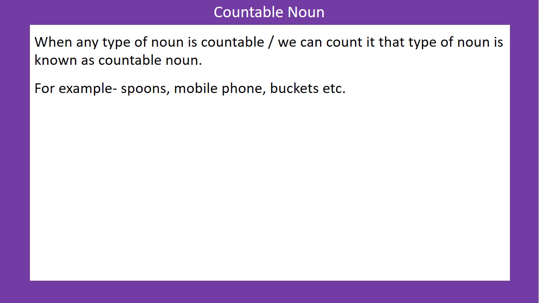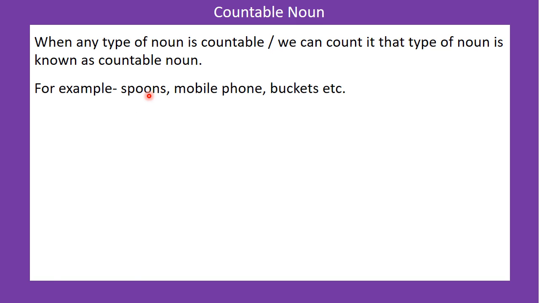Next slide, move on, and here we will learn about countable noun. When any type of noun is countable, or we can count it, that type of noun is known as countable noun. So in short words, a countable noun is a noun that we can count. Let's move on to the examples of countable noun, which are spoons.